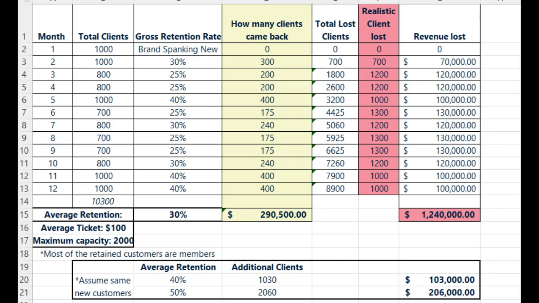This is how I calculate the total realistic clients lost. Take 2,000 minus the number of clients that show up this month. The first month is an exception due to the new opening. In a perfect world, in which the business hit 100% customer retention along with 100% room utilization, you would be making $1.2 million on top of what you are already making for just 11 months, assuming you run this spa here with the spreadsheet numbers.